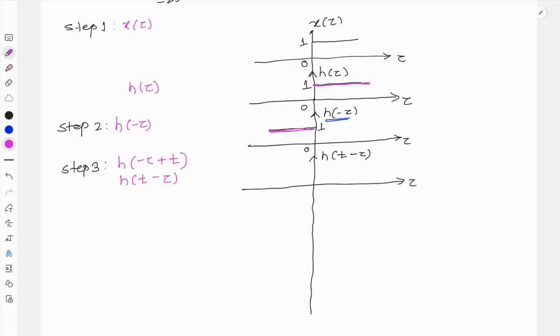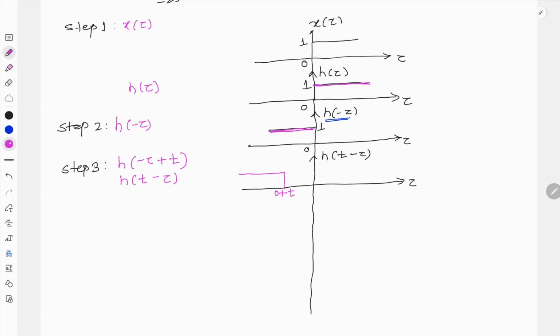x of tau signal. Our x of tau signal starts at the origin, therefore this h of minus tau signal needs to be shifted before the origin. So I will draw it before the origin as it is. The coordinate for this h of tau signal is starting at 0. Therefore I will mention it as 0, and simply I will add the plus t parameter to it.